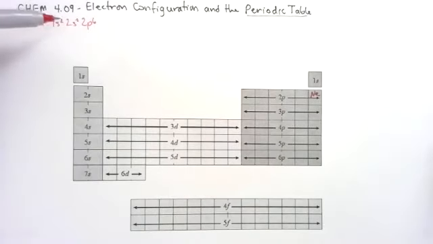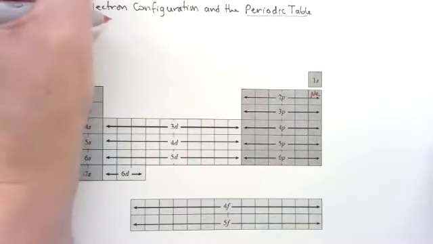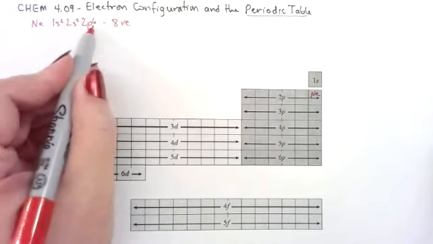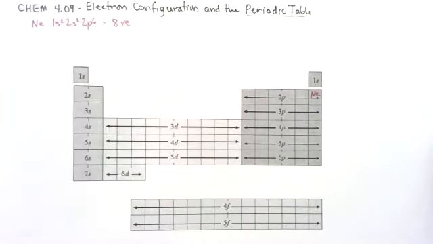Also, based on previous lessons, we know that neon is going to have 8 valence electrons, because the second energy level is the highest occupied, and I have 6 in the p and 2 in the s.